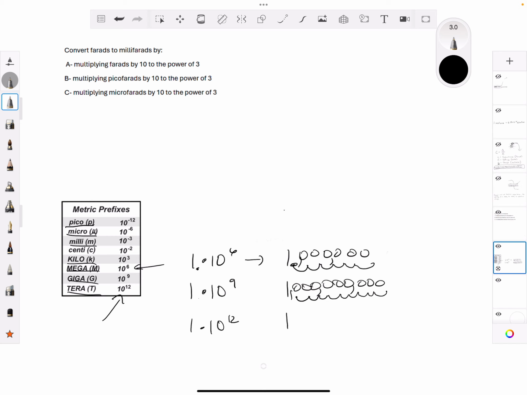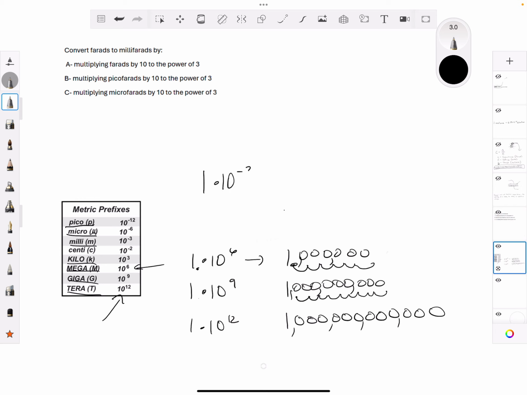Take your 1 and go 1, 2, 3, 4, 5, 6, 7, 8, 9, 10, 11, 12. And that would be a trillion. So what is a terabyte of storage? That is 1 trillion bytes. And just like in the math section, you learned that a byte is 8 bits, right?